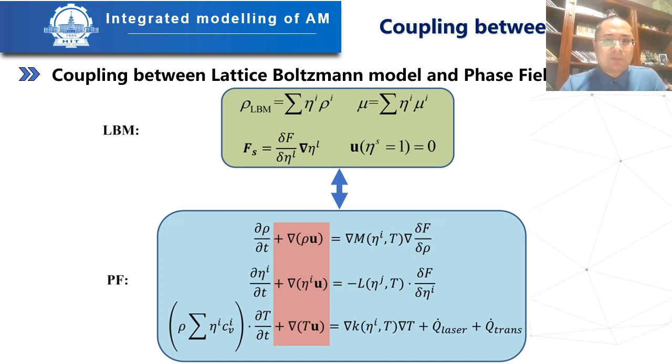Within the lattice Boltzmann method, parameters such as density, viscosity, and surface tension are computed based on the phase fields. Conversely, in the phase field simulation, the multiphysics velocity is obtained from the lattice Boltzmann simulation. This coupling is carried out during each time step.